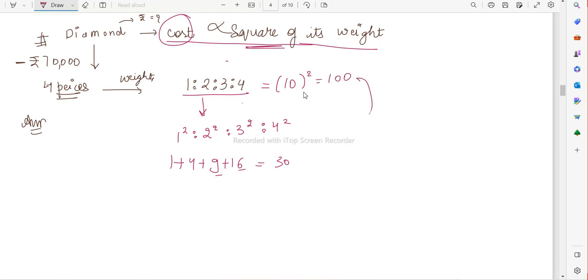So from 100 it has been reduced to 30, so here we can say a decrement of 70, and 100 more is going to give me the decrement of 70,000. So the original price would have been 100 more, so it would have been 4 zeros. That means 1 lakh rupees.